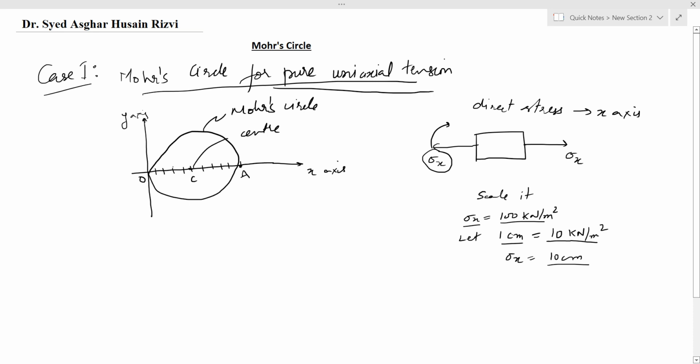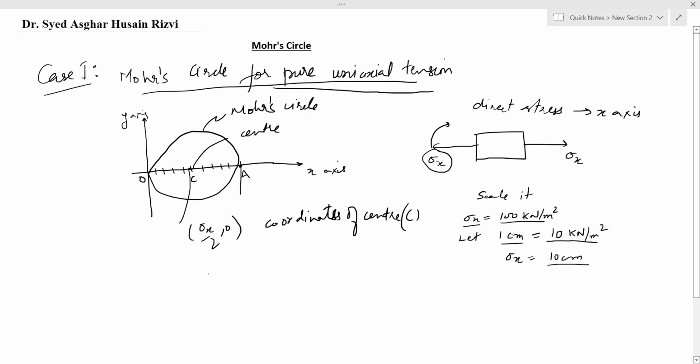In this we can find the coordinates of the center. The center coordinates are sigma x by 2, comma 0. These are the coordinates of center C. The principal stresses sigma 1 and sigma 2 we can also find out from here.